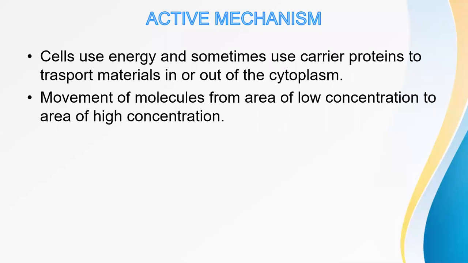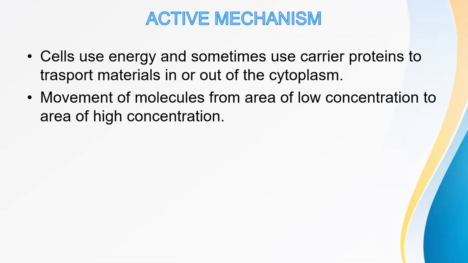So here in active mechanism, in active transfer, the movement of molecules from an area of low concentration to an area of high concentration, similar to osmosis. But what's the difference between passive osmosis and active osmosis? Passive osmosis does not use energy.